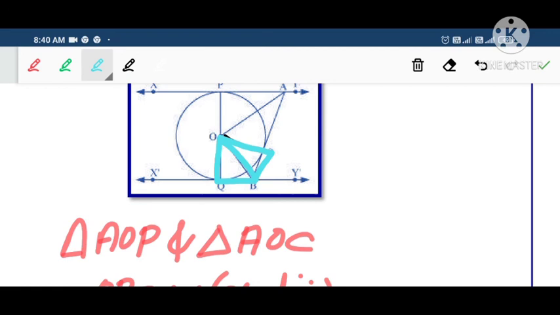Triangle BOQ and triangle BOC are also congruent.